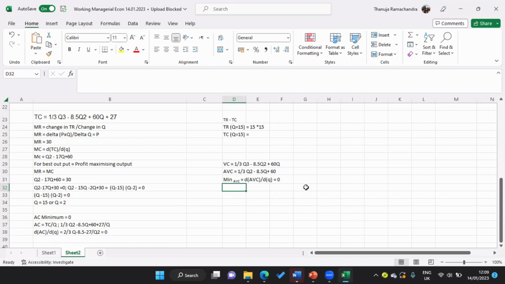So we find the Q there. And then when we substitute the Q into this equation, we will get the AVC. That AVC is the price.